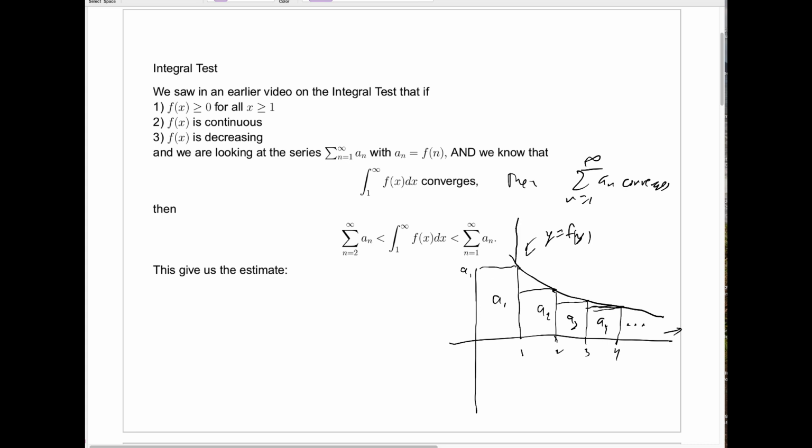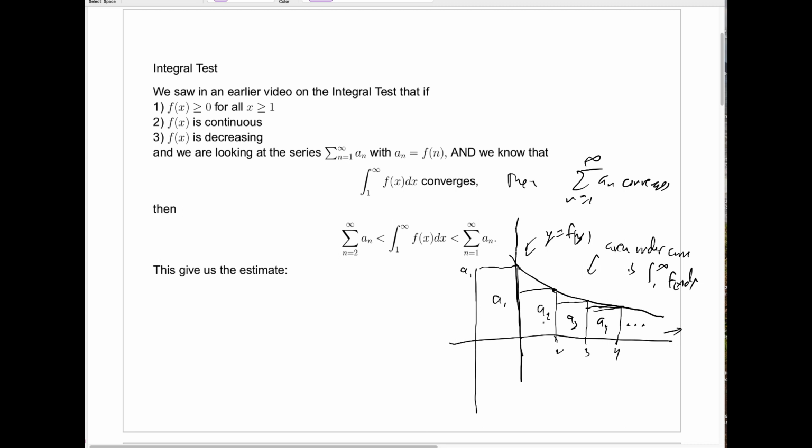Now, if we cut things off here at x equals 1, the total area under the curve is just this integral from 1 to infinity of f of x dx. And if we assume that that integral converges, that means there's a finite total area under the curve.